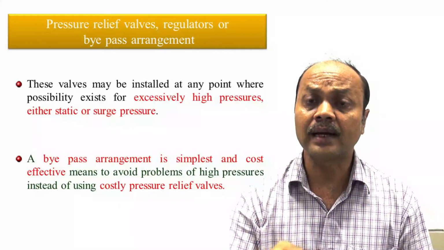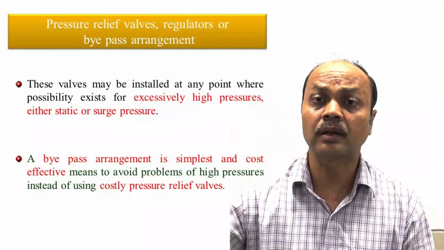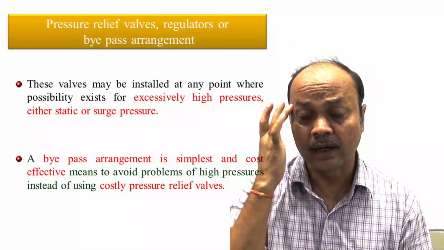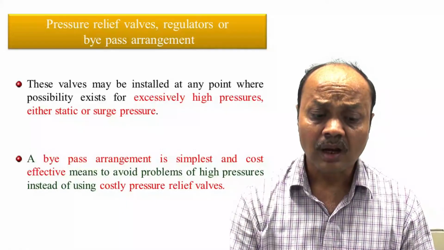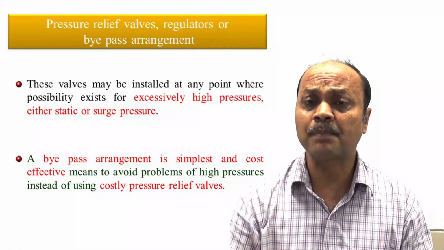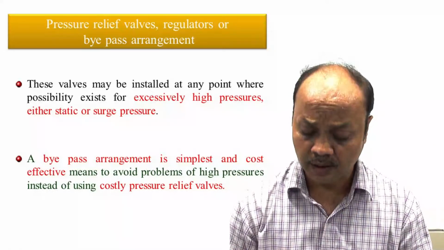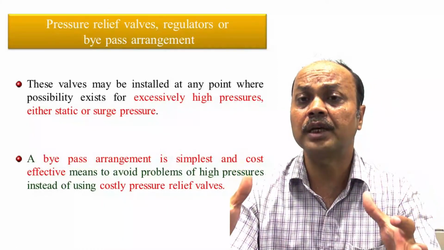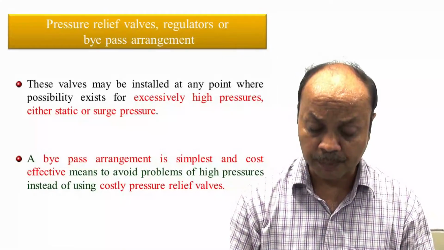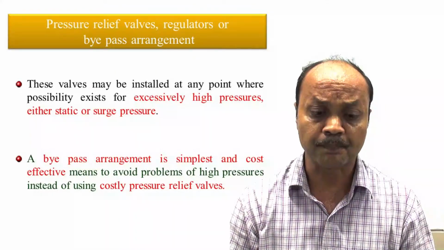In that case, the water pressure at the dripper may be high, and your pipeline can be damaged. So we can use a bypass system. Bypass means you are releasing the pressure whenever there is excess pressure in the system, because each component runs efficiently at a particular pressure.